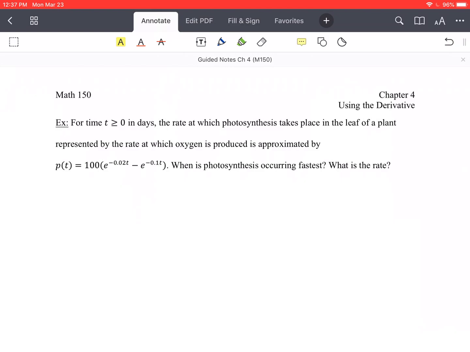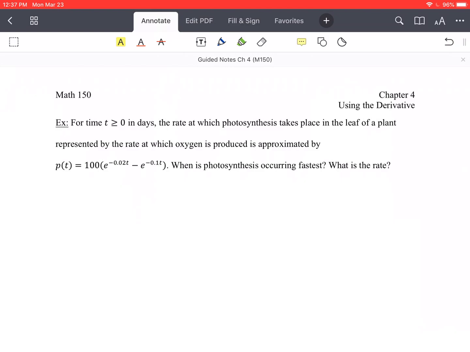For time t greater than or equal to 0 in days, the rate at which photosynthesis takes place in the leaf of a plant, represented by the rate at which oxygen is produced, is approximated by this formula. P of t is 100 times e to the negative 0.02 t minus e to the negative 0.1 t. When is photosynthesis occurring fastest, and what is that rate?